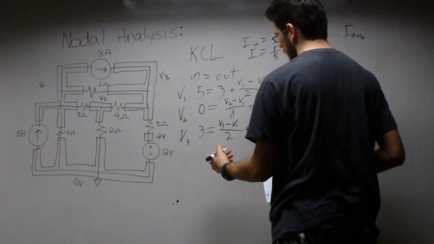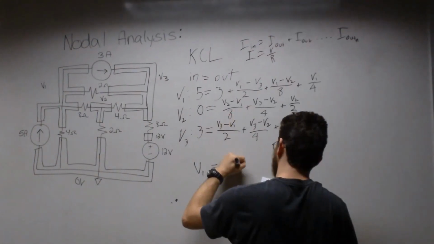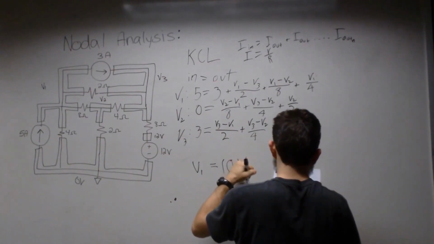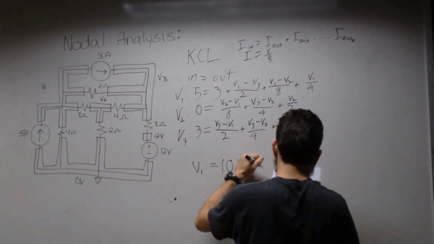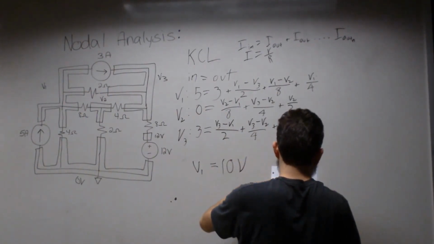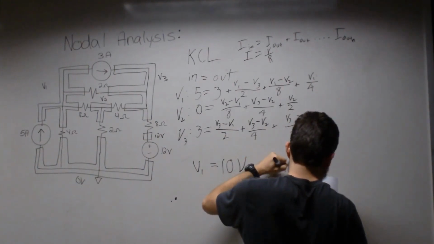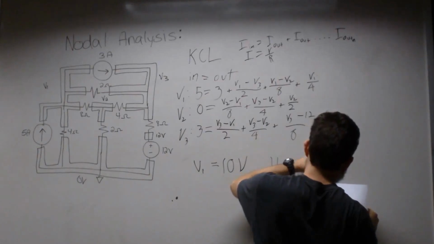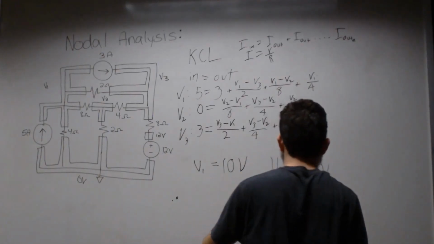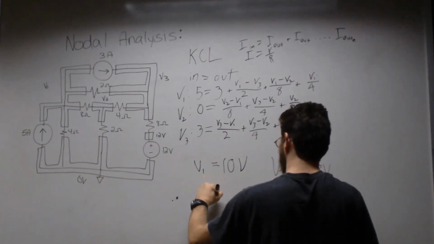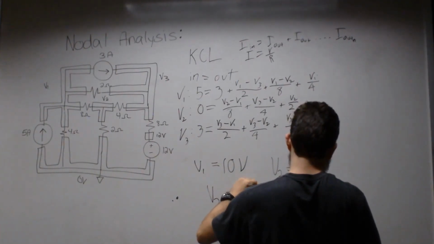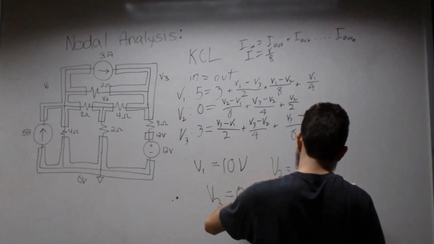V1 is 10 volts. V2 is equal to 4.933 volts, and V3 is equal to 12.267 volts.